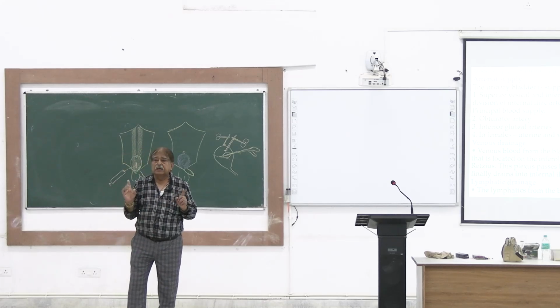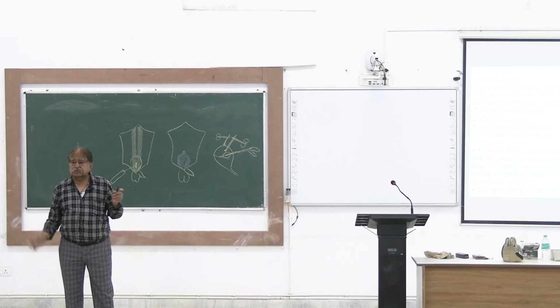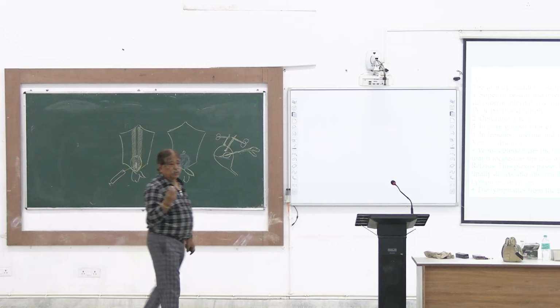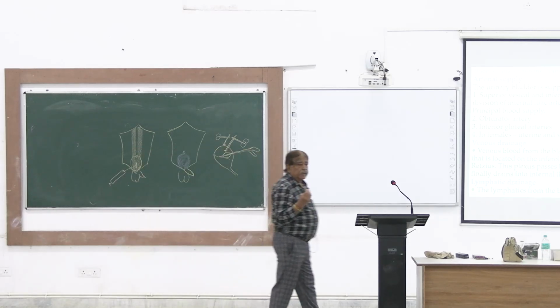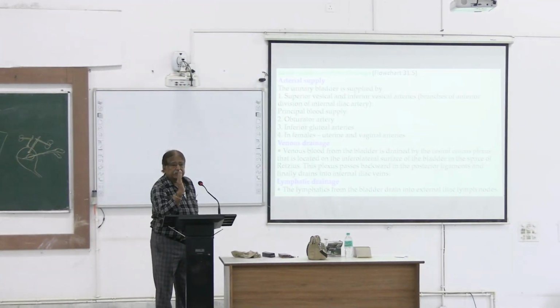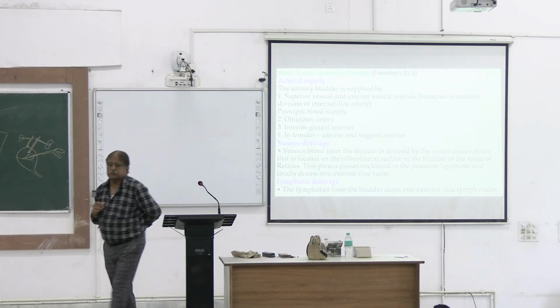Now, another thing is that many centers now have cystoscopes. So if you feel that it can be a stone in the bladder, or it can be an epithelial papilloma, then you go for a cystoscopy.